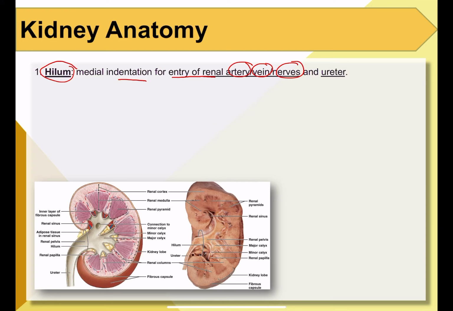Okay, and in this case, we have the hilum of the kidney that also allows for the ureter. So this indentation area right here is the hilum of the kidney, okay, that will allow for those different blood vessels or ureter to go through. So that's why we have hilum right there.